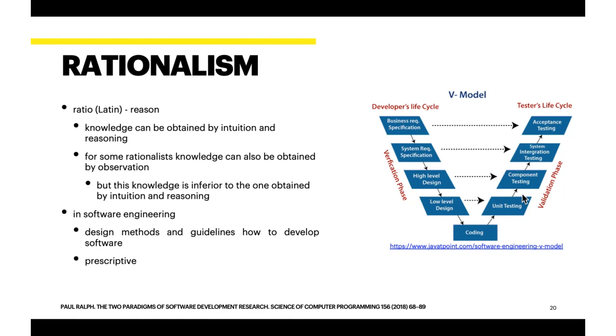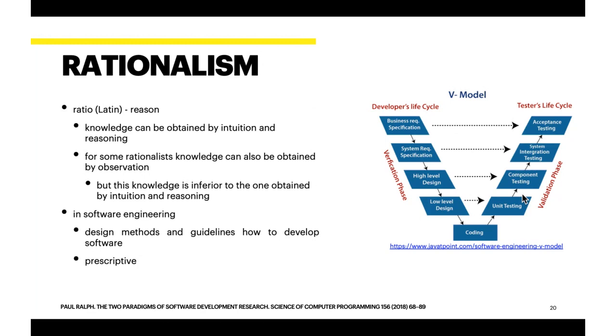So on the right-hand side, you see the famous V model. I guess that you have all seen this V model in your undergrad software engineering class. So this is how software is supposed to be developed. You are starting with business requirement specification. You are going to system requirements, high-level design, low-level design, and so on. And then on the right-hand side of your V model, you see the validation phase, with every single phase matching the corresponding phase at the development side of the V cycle.